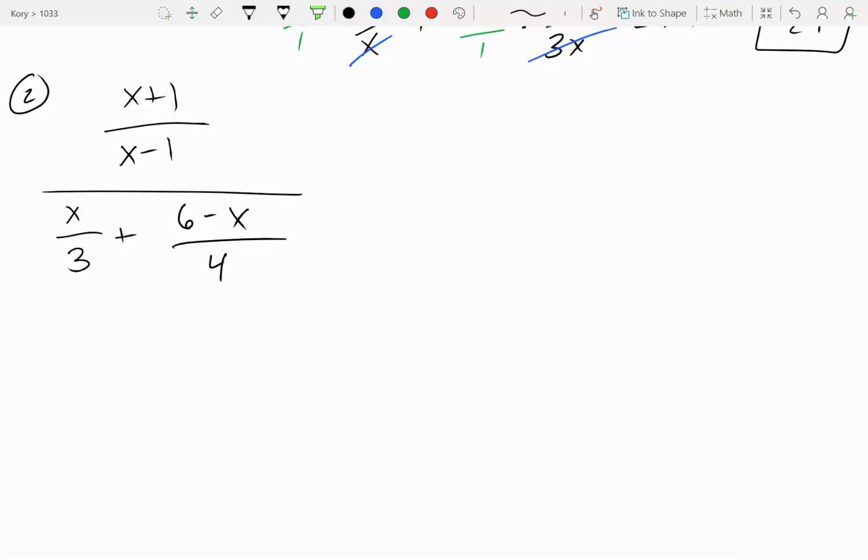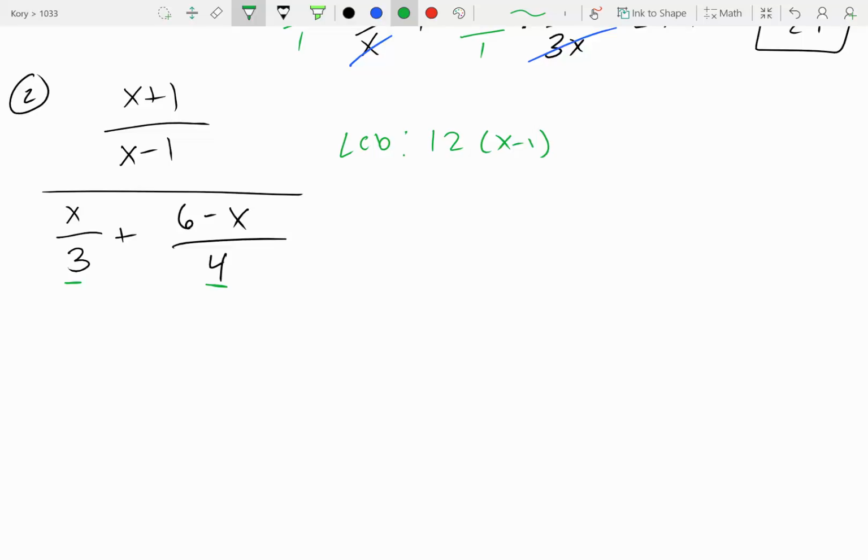So let's take a look at all of our denominators. We have x minus 1, 3, and 4. Now, when we have numbers, that's what you want to look at first. So we have 3 and 4. 3 and 4 can be 12. So that's what we make 12. And then we have x minus 1 left over. So our LCD is 12 times x minus 1. So we're going to multiply everything by that.